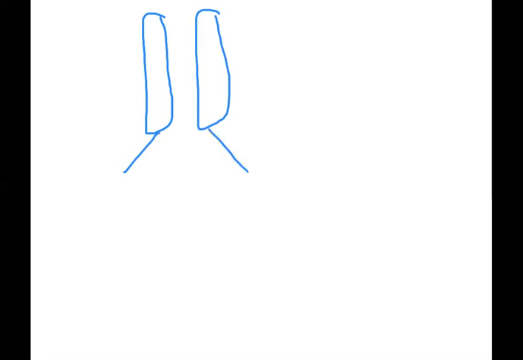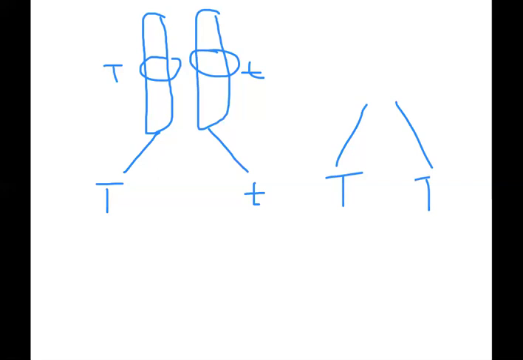So for example, this one had the capital T and this one had a small t. So one gamete will have a capital T and one will have a small t. Similar gamete formation will occur in the other parent. For example, if that parent was homozygous dominant and had capital T and capital T.